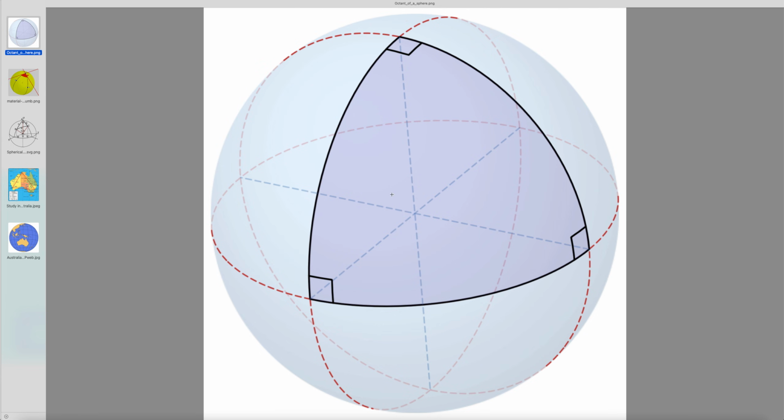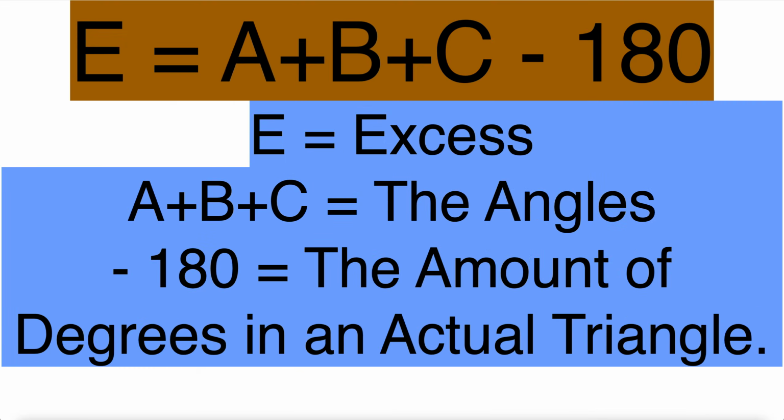So that means there is a greater degrees and greater area here. So spherical excess is the removal of this greater amount. So E equals the excess, A plus B plus C equals the angles. So those 390 degrees of angles I just showed you, you'd add them up, which I'll show in a while, and minus 180, the amount of degrees in an actual triangle.